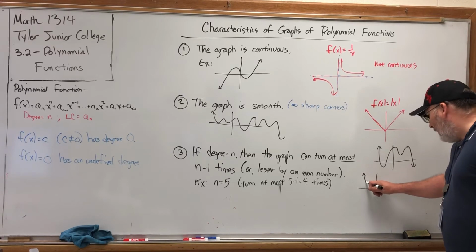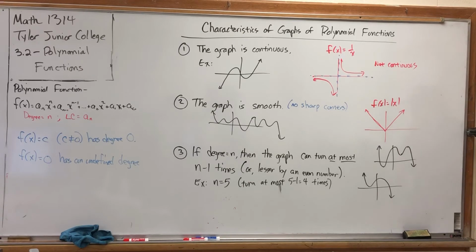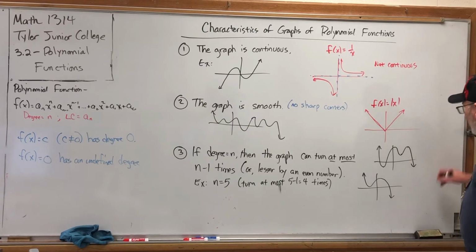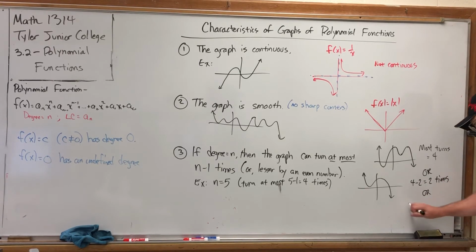So we could turn twice. It is possible for a 5th degree polynomial function to only turn 2 times, or even less than that. The most number of turns is equal to 4, or we could lower that by an even number and turn 2 times, or we could lower it by a bigger even number and turn 0 times.